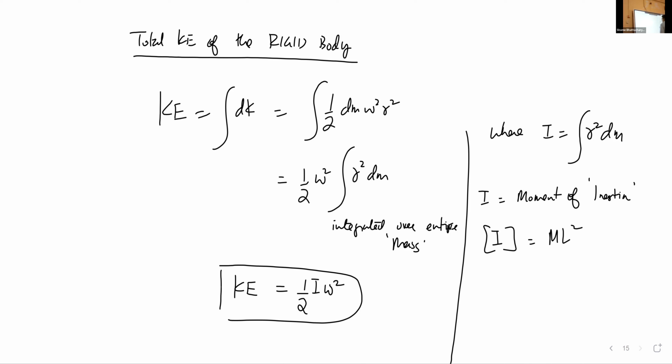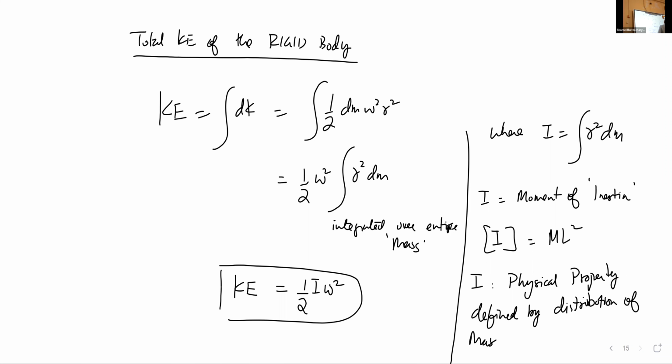And it is a physical property defined by the distribution of the body's mass with respect to the axis of rotation.